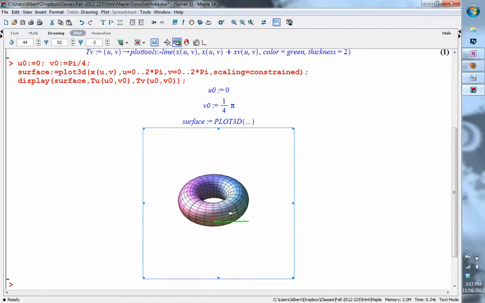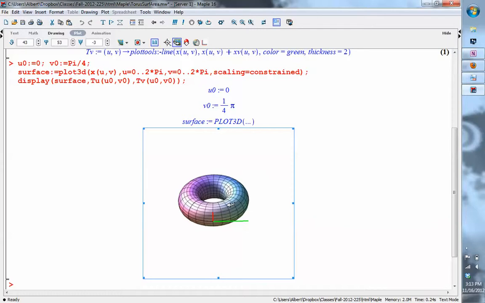And you see the parameter curves. So let me show you, this is a u parameter curve right here. So the u parameter curve just traces out a circle. And can you imagine that, right? If I took a vertical slice of this thing, what I would get would be a circle. And if I took a horizontal slice, I would get like an annular kind of region. Okay.